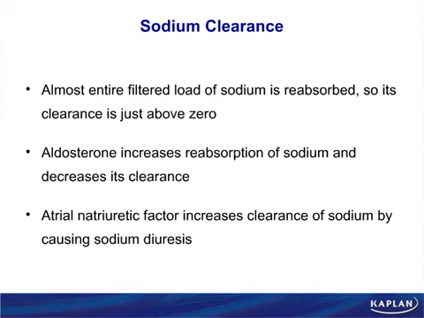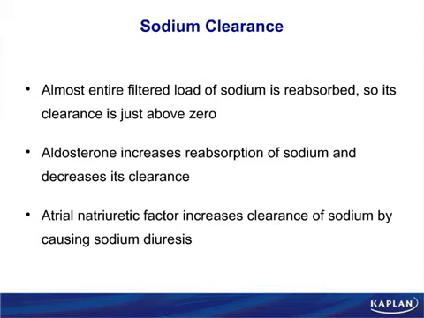Atrial natriuretic peptide plays a very important role in natriuresis and diuresis. It is secreted in a high volume state when there is stretch on the right atrium. And that will lead to vasodilation of the afferent arterioles and vasoconstriction of the efferent arterioles.